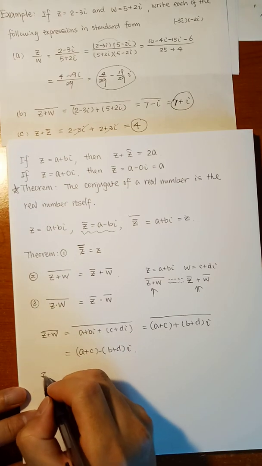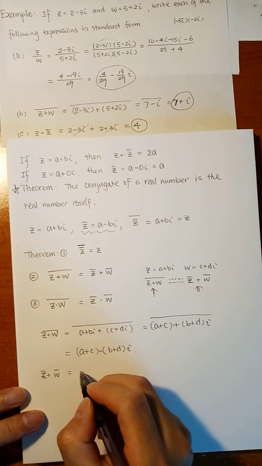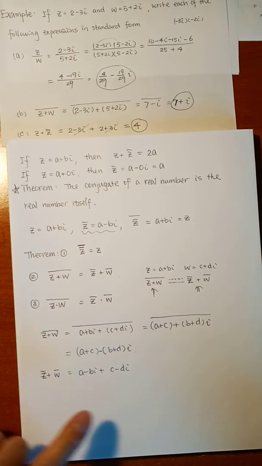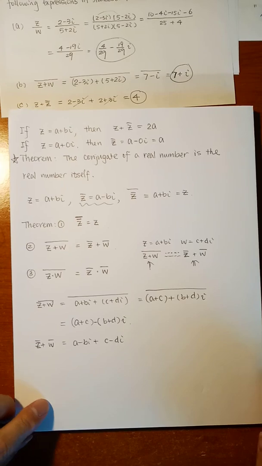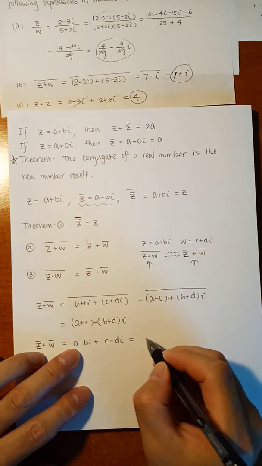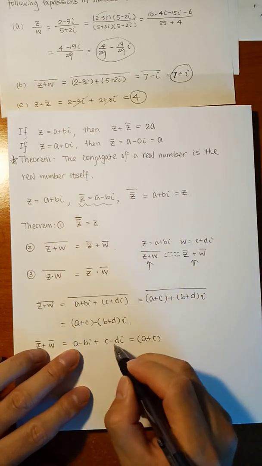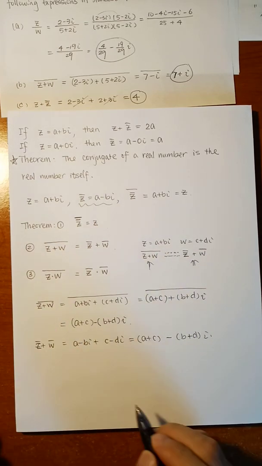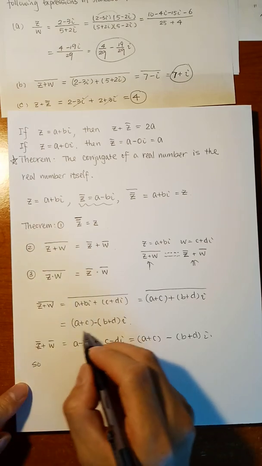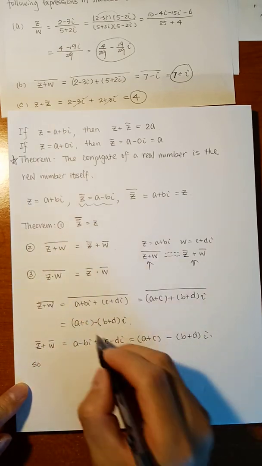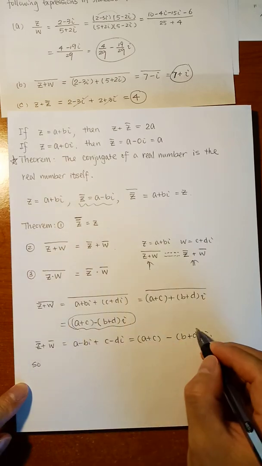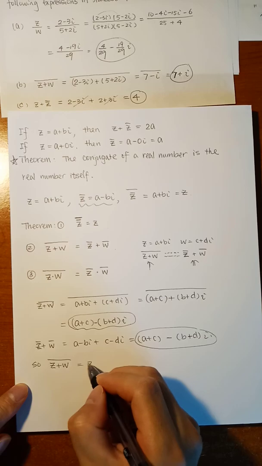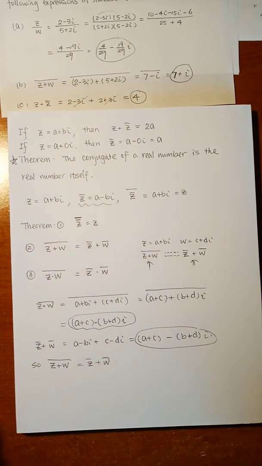The right side, z bar plus w bar, is a minus bi plus c minus di. It's addition, so you don't have to copy the parentheses. Add the real parts and add the imaginary parts, and you see they are both equal to this expression. So the conjugate of z plus w equals z bar plus w bar, and that's it.